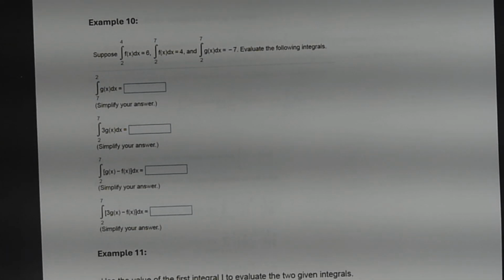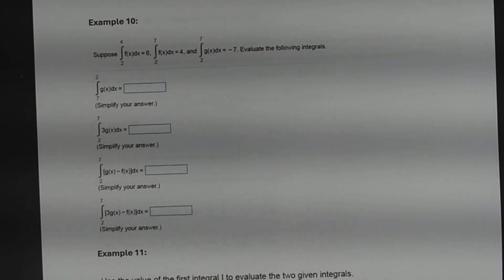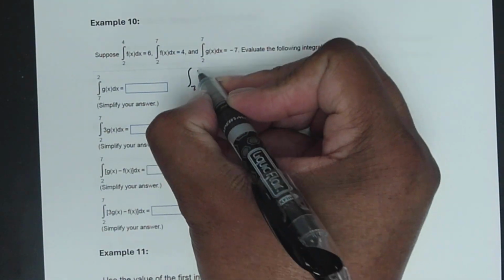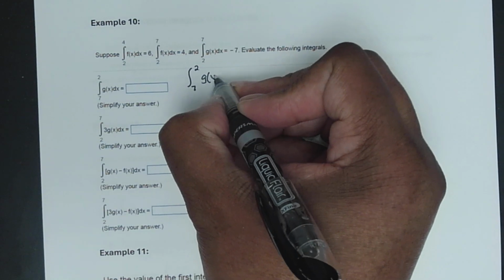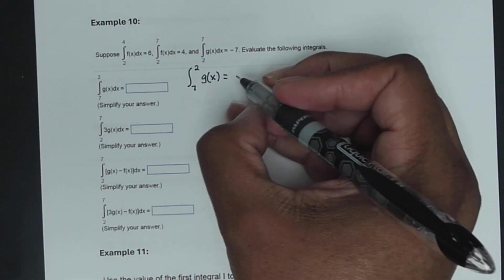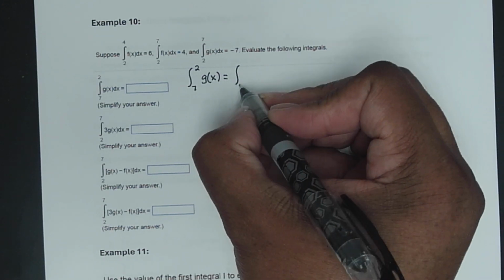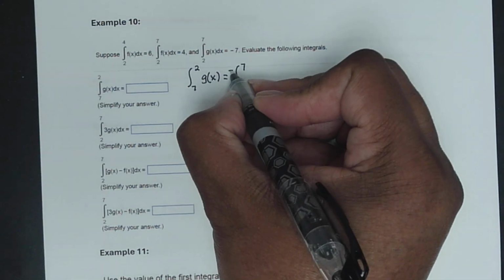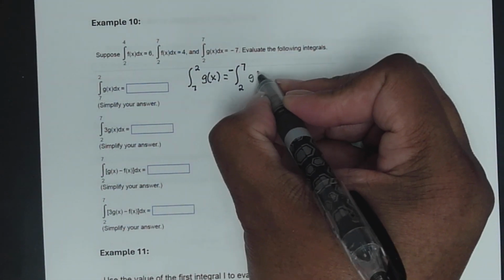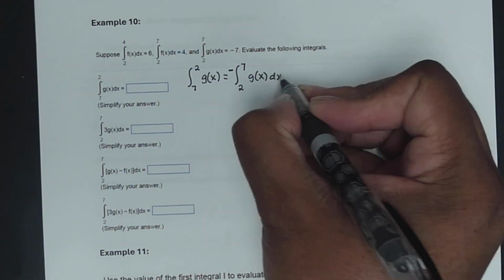All right, so we'll start off with the integral from 7 to 2 of g of x dx. Now notice that the bigger numbers are on the bottom and the smaller numbers on top. I need to switch these limits. So it'd be the integral from 2 to 7, but I need a negative sign in front of that if I'm going to do that, of g of x dx.